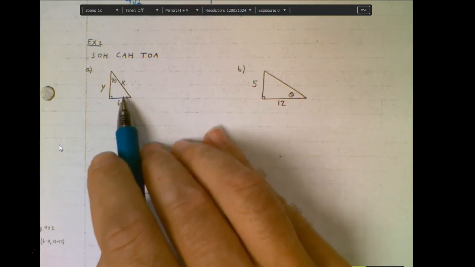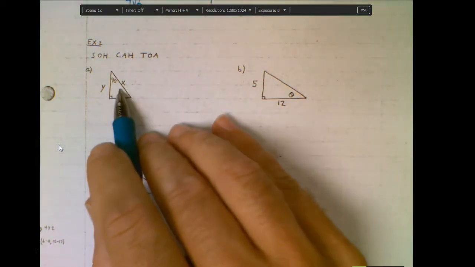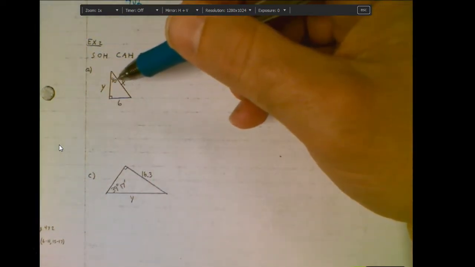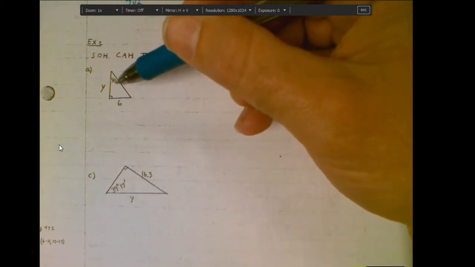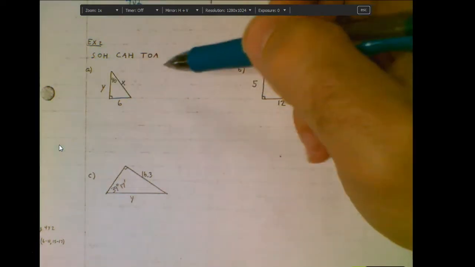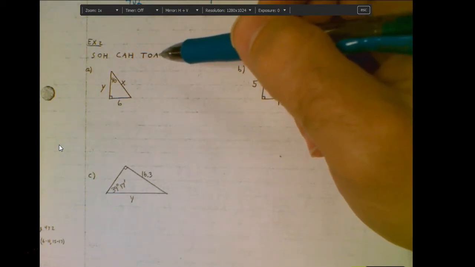So in this case, let's just start by solving for y. It doesn't matter which you want to start with. Let's just pick y and go with that. So from this angle, if this is the angle I want to work with, then this becomes the opposite leg, and from here, this becomes the adjacent leg. So based on our key right here, we know that tangent is the one that works with the opposite leg and the adjacent leg, so that's going to be our setup.